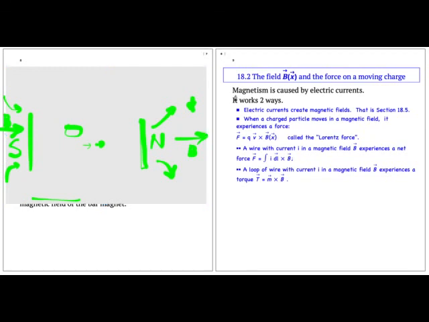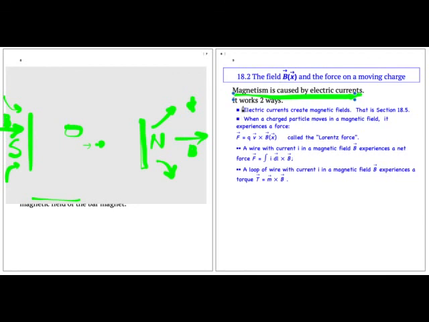So magnetism is ultimately caused by electric currents. You might think, what causes magnetism? Well, a magnet, a piece of magnetized iron. Well, that does cause magnetism, but that's not the only cause, and that's not the most fundamental cause. The most fundamental cause is electric currents.